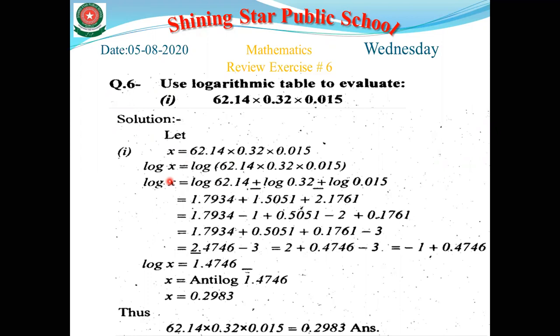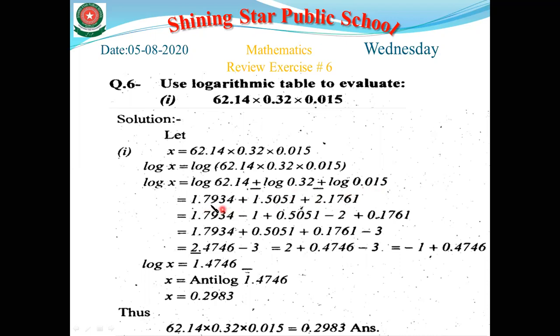So when we take the log, it becomes log 62.14, log 0.32, log 0.015. Okay, and log 62.14 is 1.7934 and log 0.32 is 1bar.5051, log 0.015 is 2bar.1461.